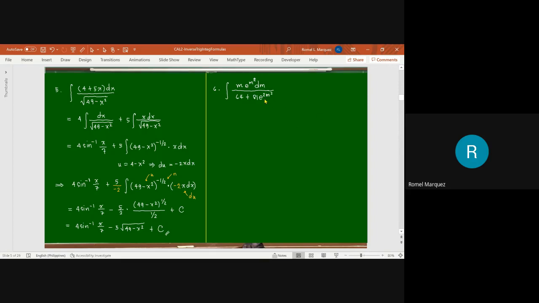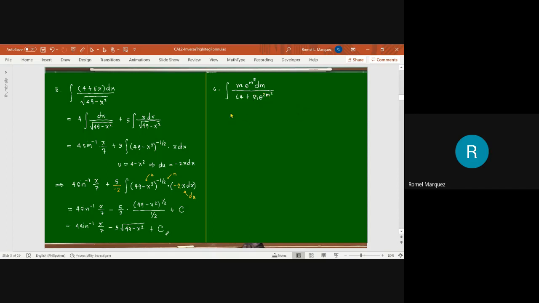To be du over u, if this is the du, the u should have the exponential on top, e to the 2m squared also. But it is only e to the m squared. So, it cannot be du over u for sure, no? But let us see if this is a squared and this is u squared.